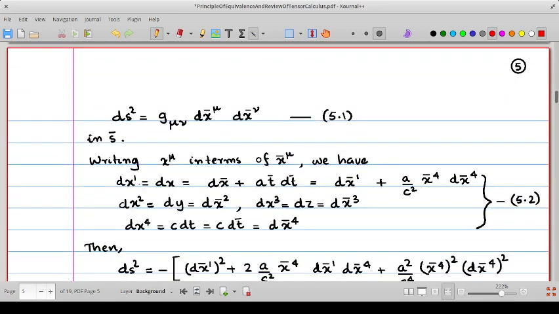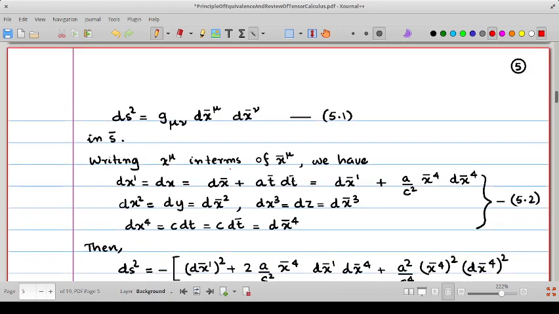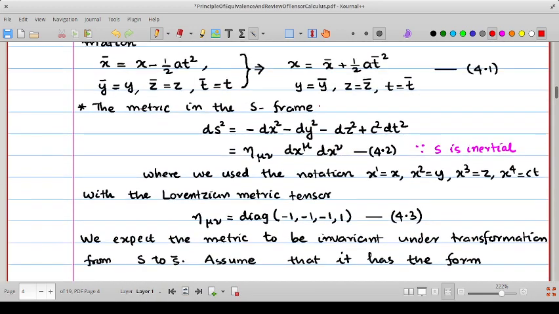So we get dx1 is equal to dx, which, taking the differential of this form, is equal to dx bar plus a t bar dt bar.